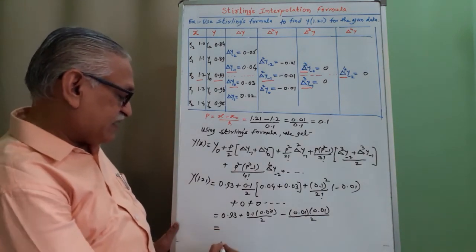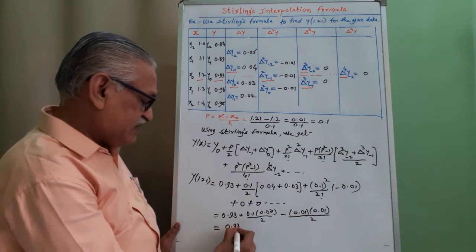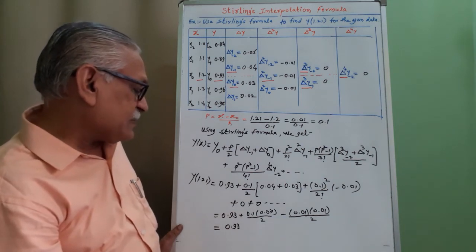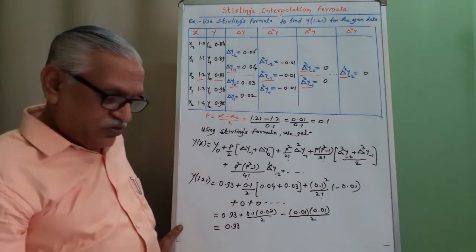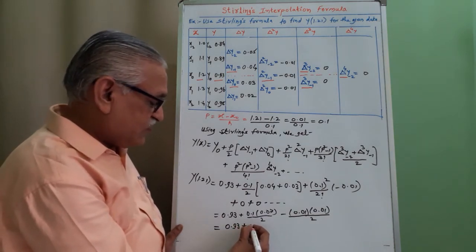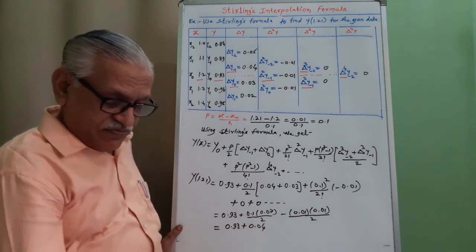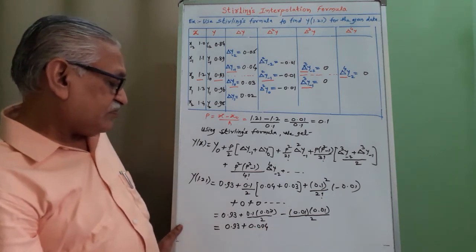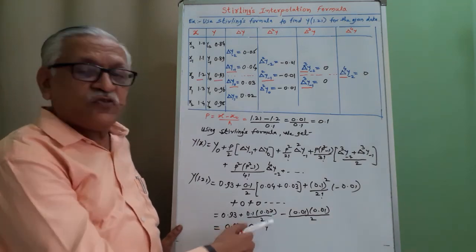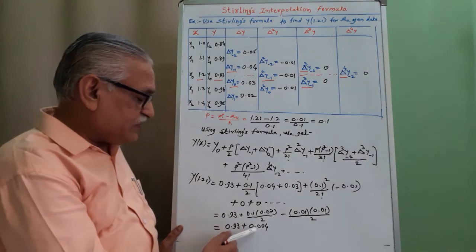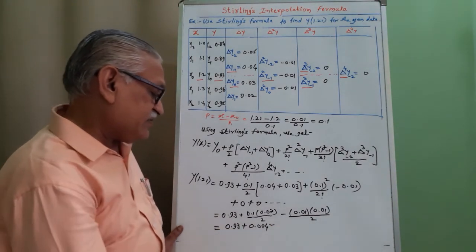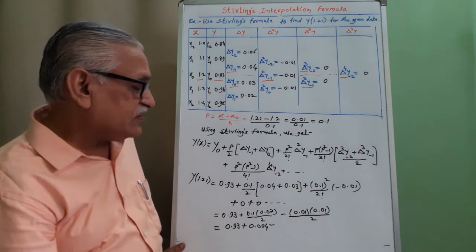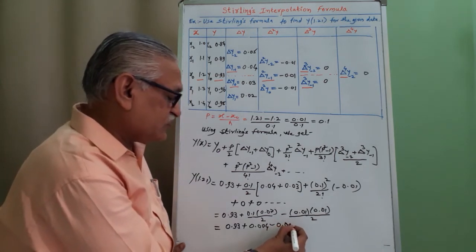And simplifying this by calculator, we get 0.93 plus 0.1 into 0.07 divided by 2, that value is 0.0035, roughly 0.004, and minus this one, 0.01 into 0.01 divided by 2, ultimately it is 0.000.